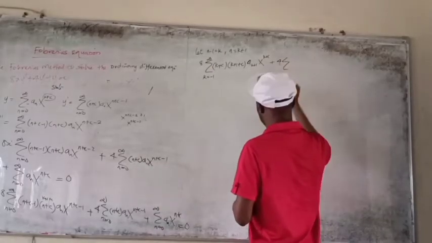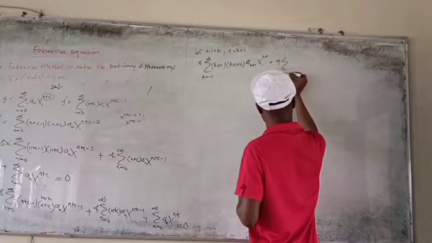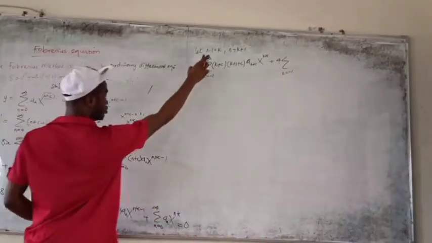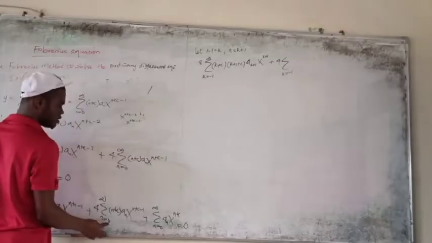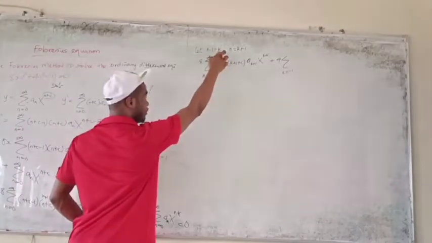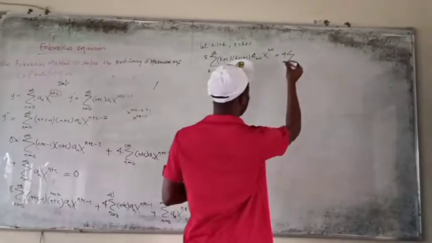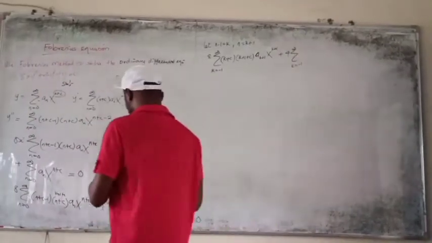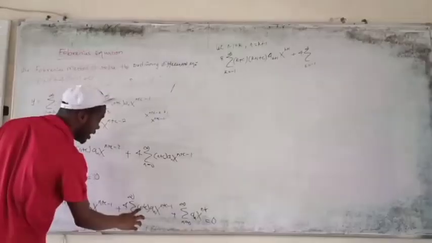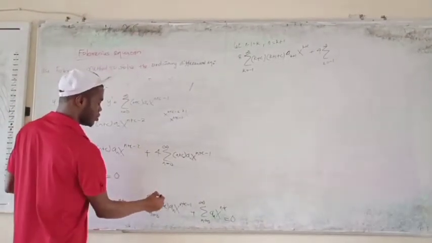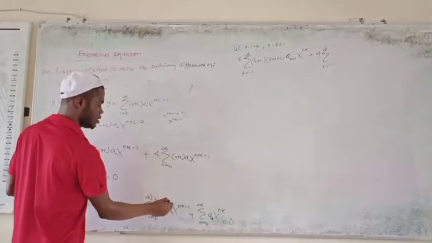I have the summation from k equals minus 1, because of the same approach. When n is equal to 0, what is the value of k? k will be equal to minus 1 to infinity. I know that my n is equal to k plus 1, so I have k plus 1 plus c.